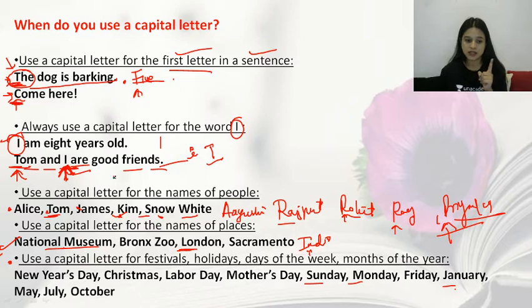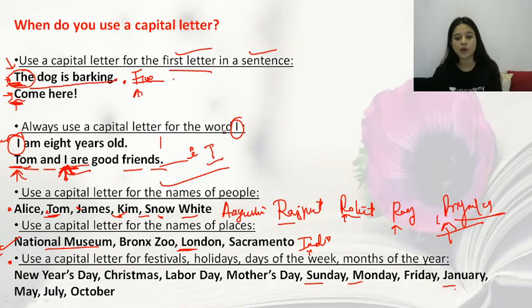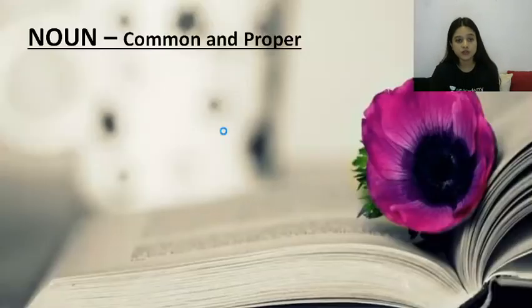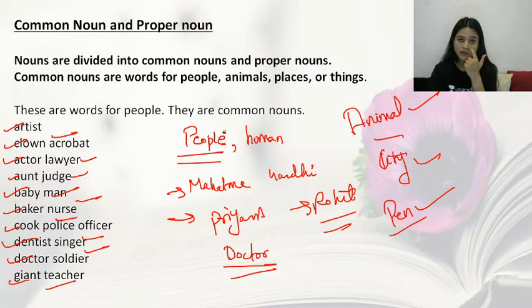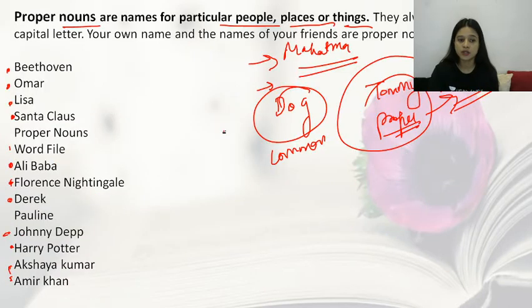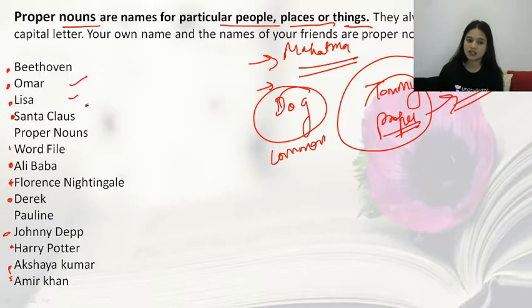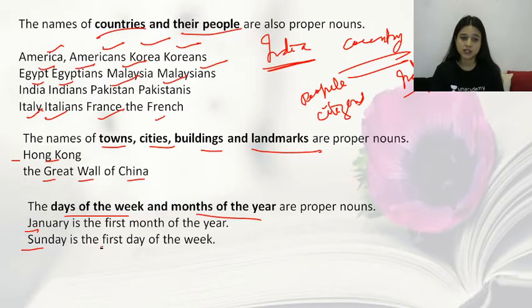Now, this thing, capital letter for the names of people, the same rule will now move to proper nouns. We will also use a capital letter when we are referring to a proper noun. So, for all of these names, Omar, Lisa, Santa Claus, Florence Nightingale, Derek, Harry Potter, Akshay Kumar, we're going to use capital letters.